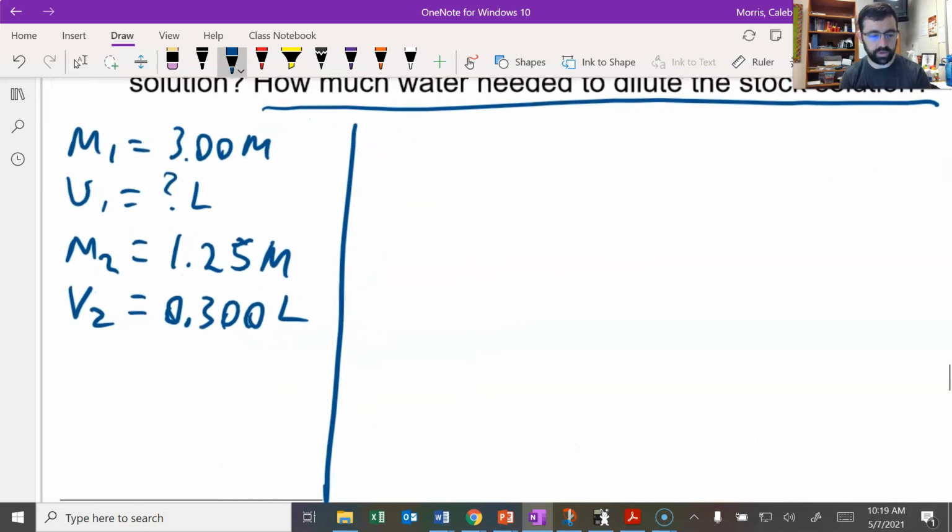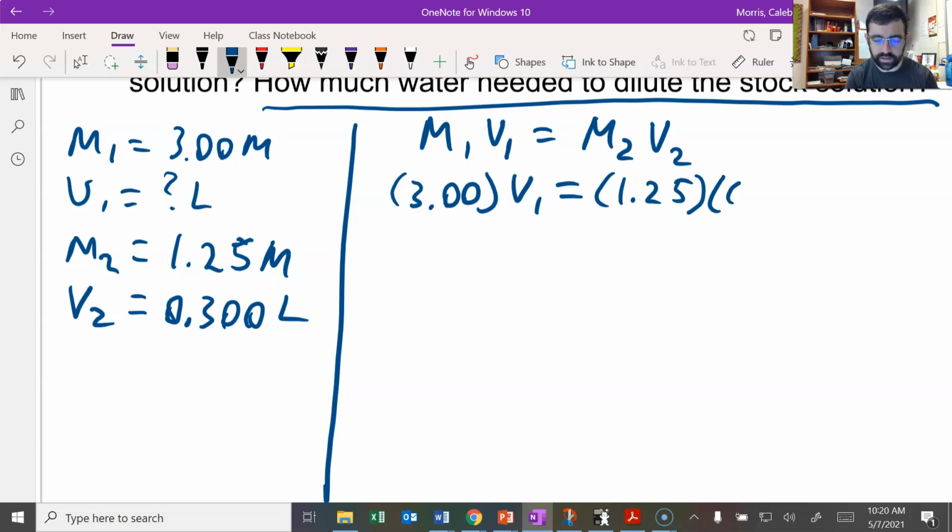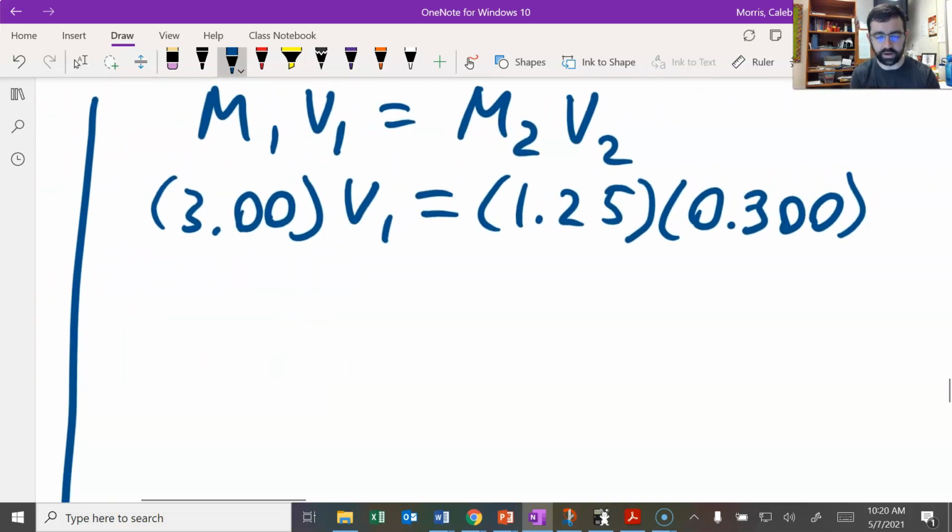Now let's set up our equation. M1V1 equals M2V2. 3.00 times V1 equals 1.25 times 0.300. Now, to solve for V1, I would just divide by 3 on both sides.